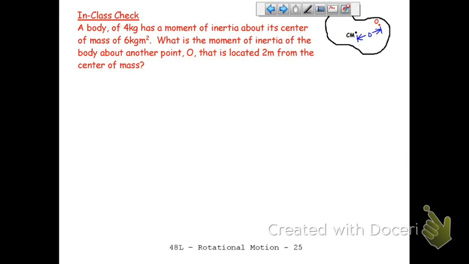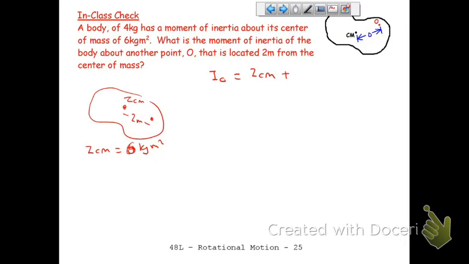So a body has a 4 kilogram mass and a moment of inertia about its center of mass, I center of mass, equal to 6 kilogram meters squared. What is the moment of inertia of the body about another point O that is located 2 meters from there? So I say IO is equal to I center of mass plus the mass times the separation squared.